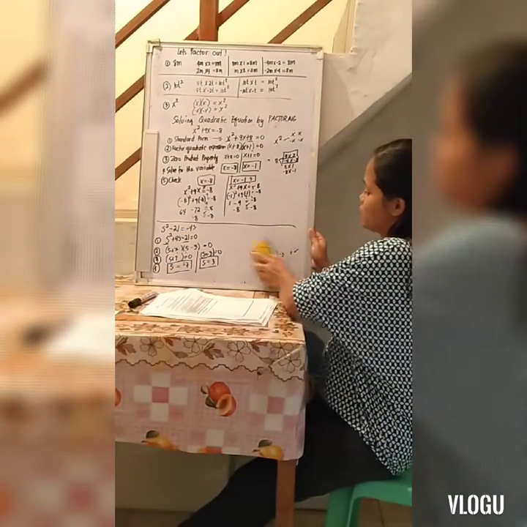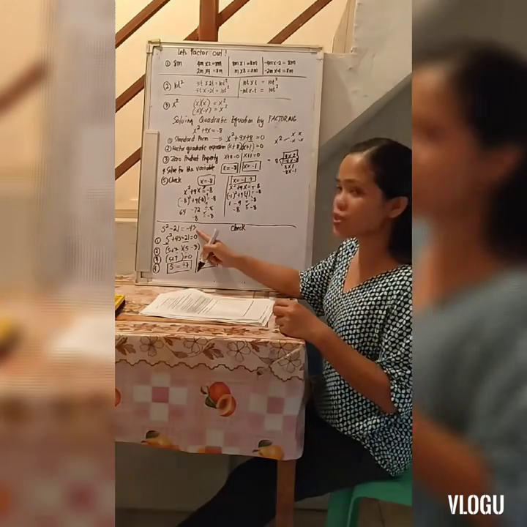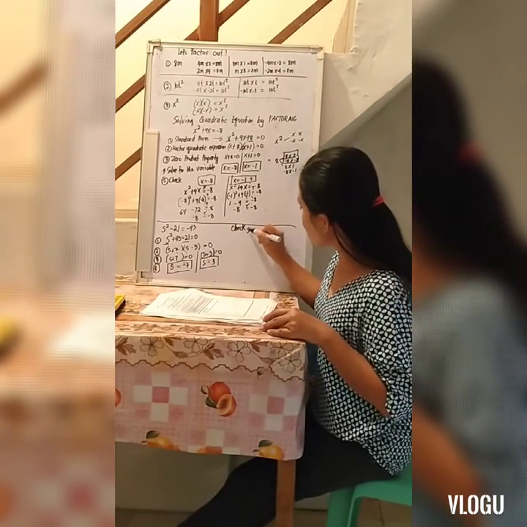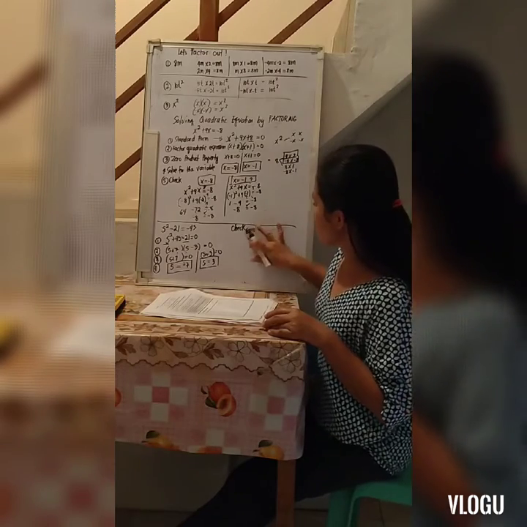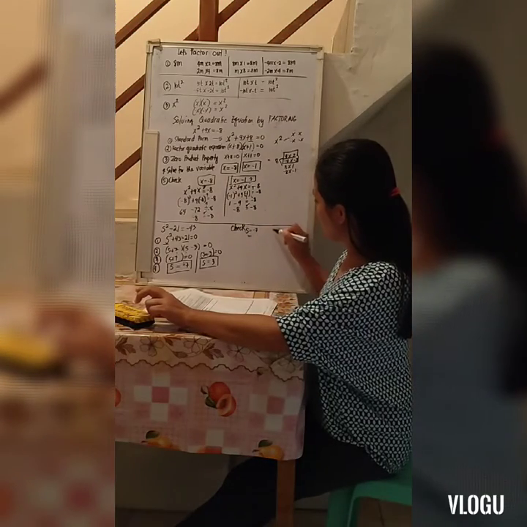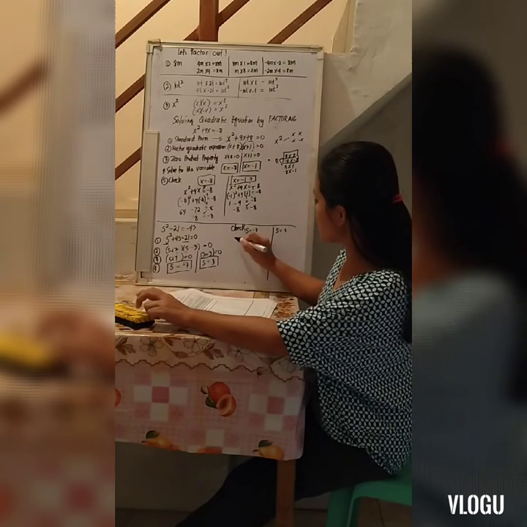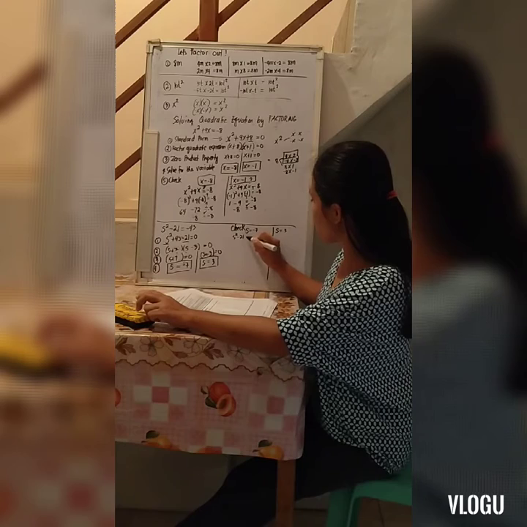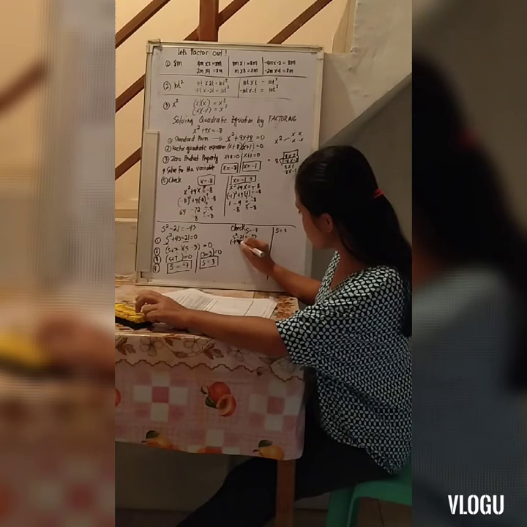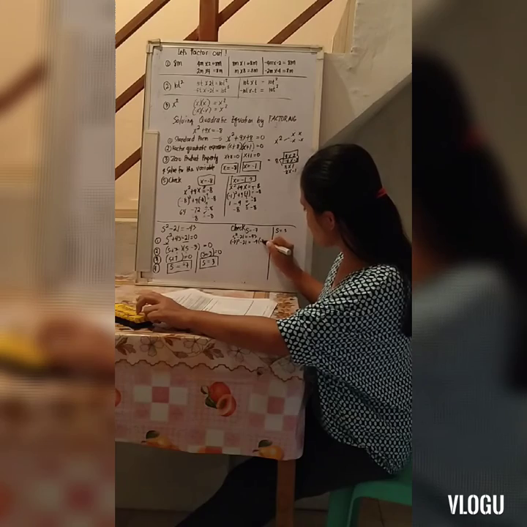When you check, you substitute the values into the original equation. Always use the original equation. So let's have s equals negative 7. The original equation is s squared minus 21 equals negative 4s. Since your s should be negative 7, you substitute: negative 7 squared minus 21 equals negative 4 times negative 7.